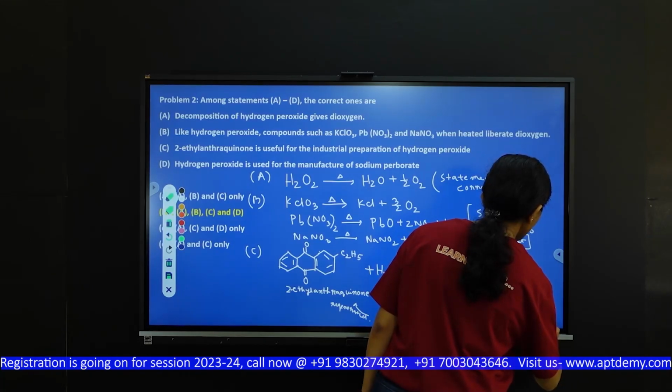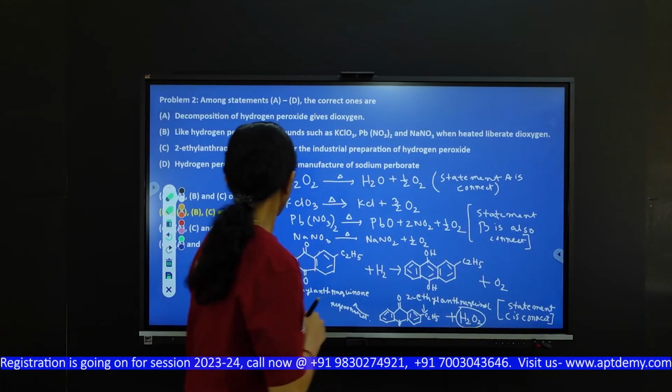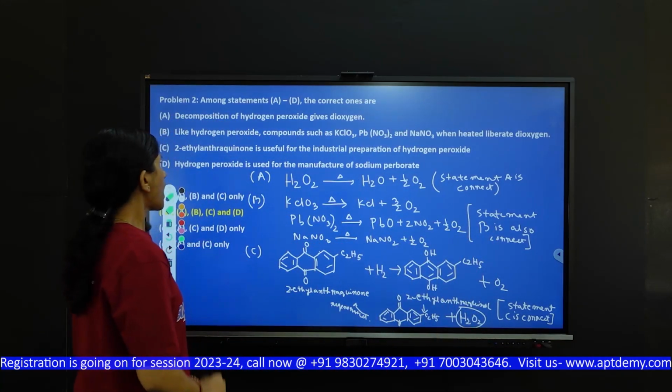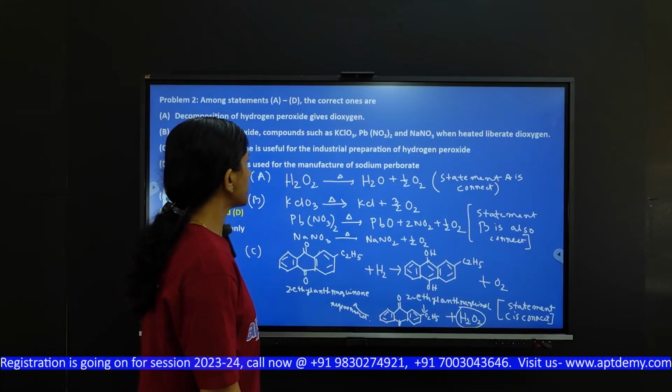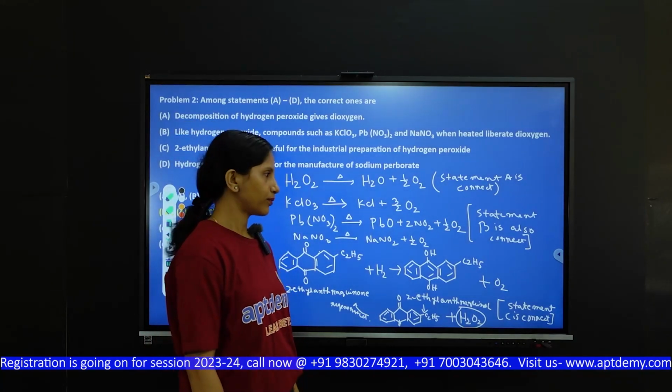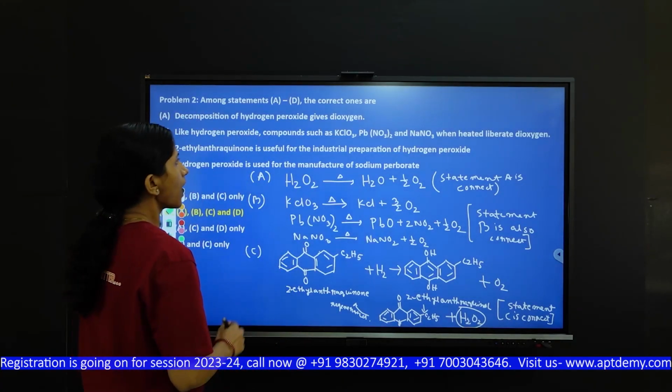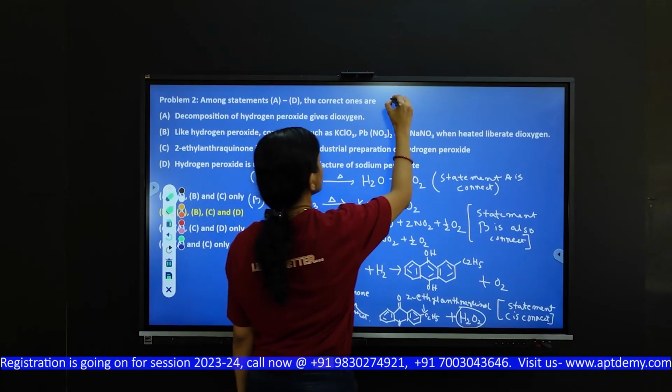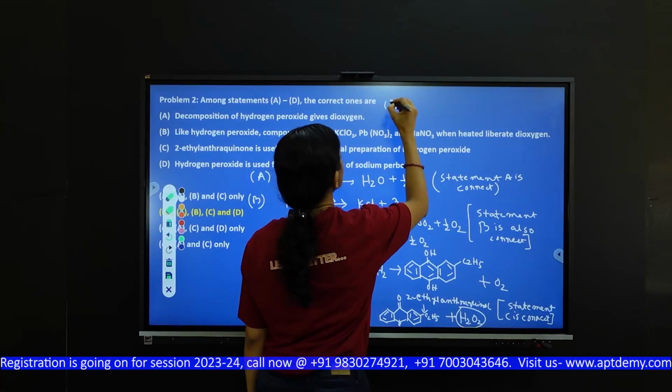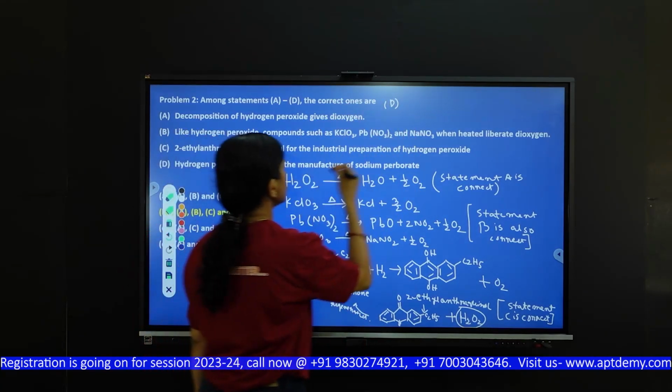Now one is left, that is statement D, which is saying that hydrogen peroxide is used for the manufacture of sodium perborate. Let's see.